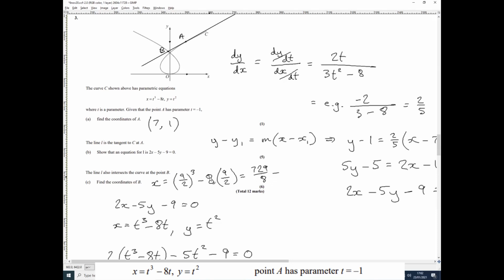Minus, well, we could cancel the 8 over 2, but instead I think we'll multiply the 8 by 4, or we've got 9 eighths, haven't we? Multiply by 4, really, so that we've got 8 on the bottom. So we want 4 lots of 9 eighths, or 72. 4 72s would be 288.